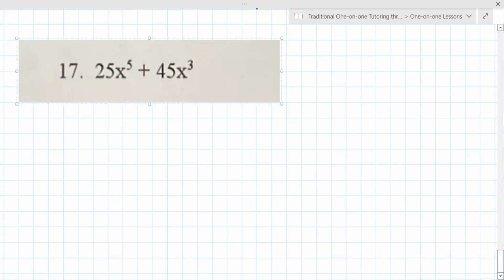Please ask me any questions if you're not sure. I got 5x cubed in parentheses 5x squared plus 9. That is correct. Very good.